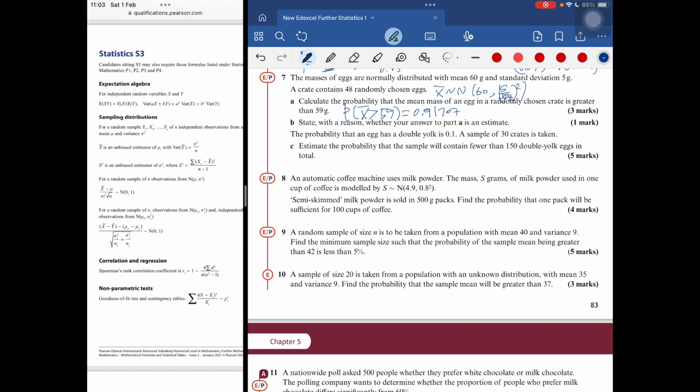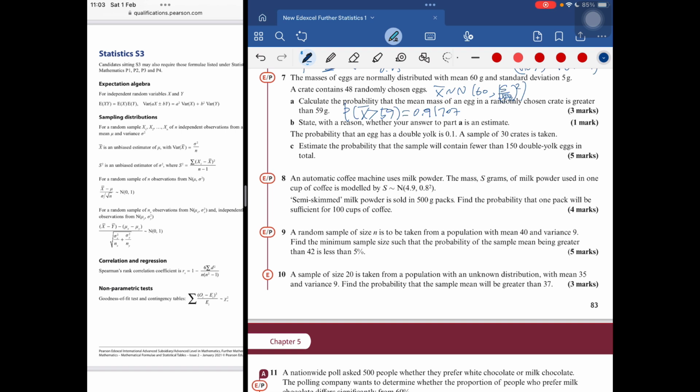So part C. We have 30 crates. So this is binomial, so now this is an estimate. A sample of 30 crates is taken.